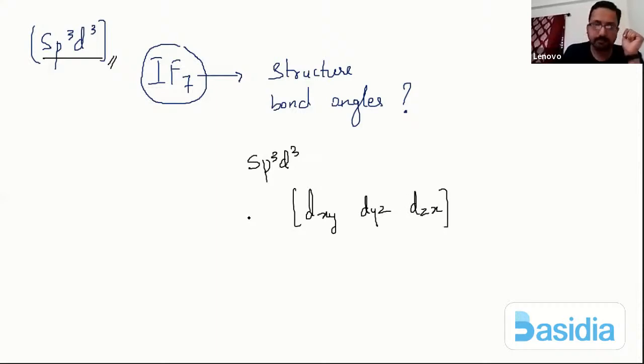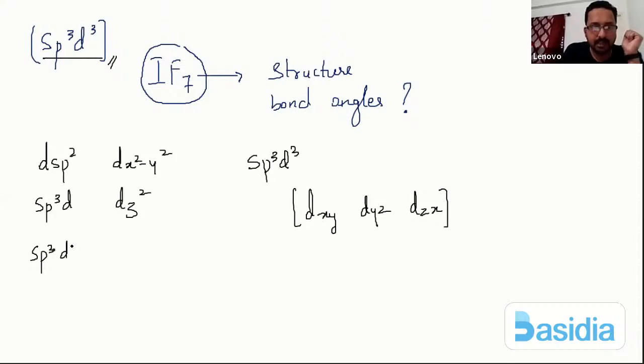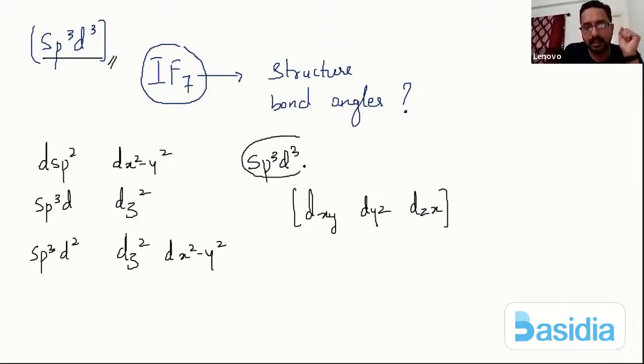Because we have come across dsp2 hybridization, there we come across the dx2-y2 orbital. In sp3d hybridization we come across the dz2 orbital. In sp3d2 hybridization we come across dz2 and dx2-y2 orbitals. But in sp3d3 hybridization, the three d orbitals involved are dxy, dyz, and dzx. Right, so we'll move on towards the questions.